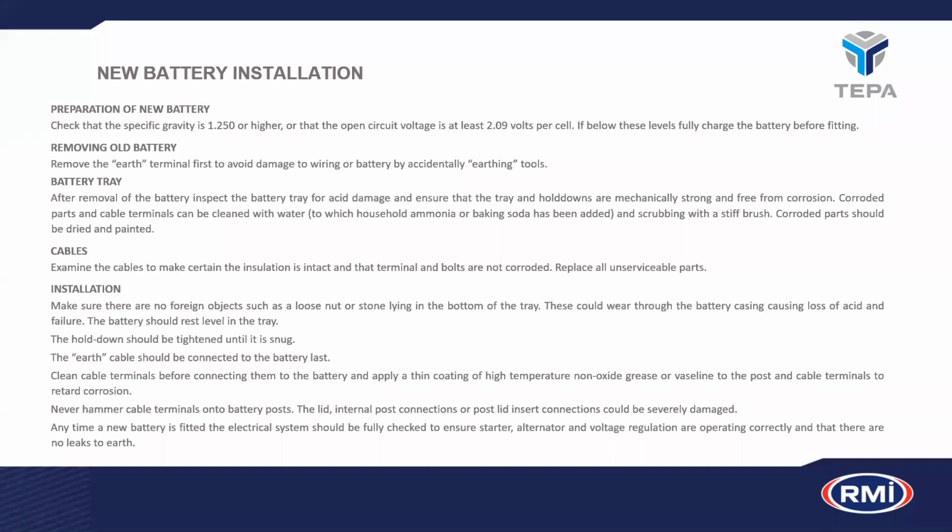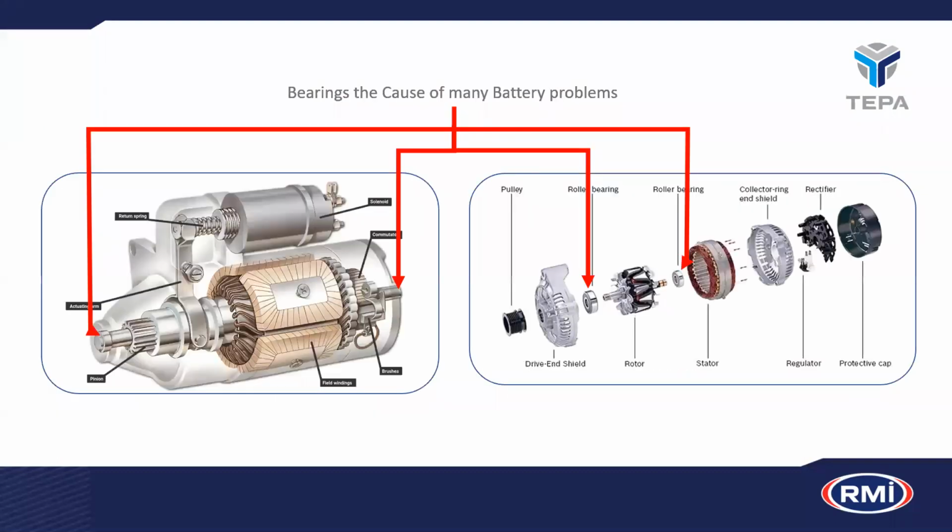So now moving on into a quick bit of troubleshooting around the process. One of the greatest causes of what we would call incorrect battery failure is when your starter or your alternator have their bearings failing.